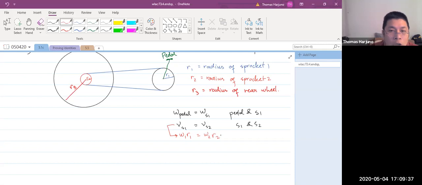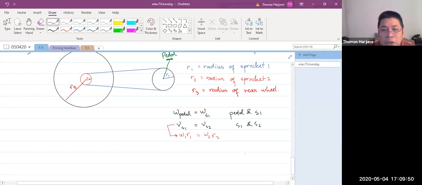So the larger the radius, the slower the angular velocity. Now the third relationship is between sprocket 2 and the rear wheel: they have the same angular velocity again. That's how the bicycle actually works.